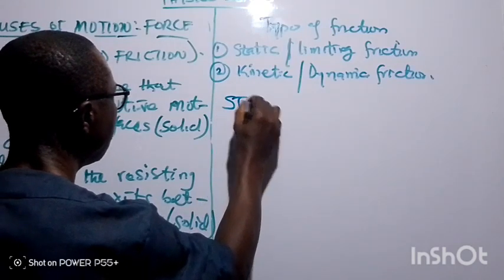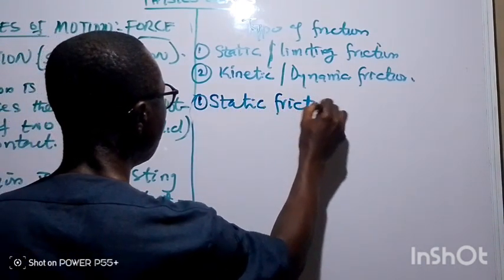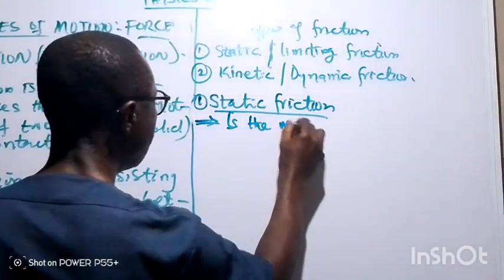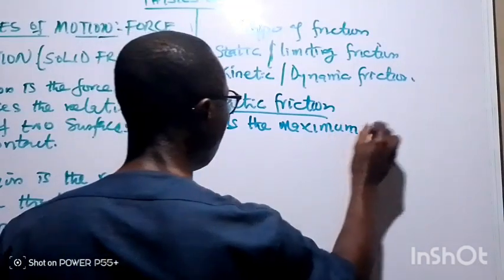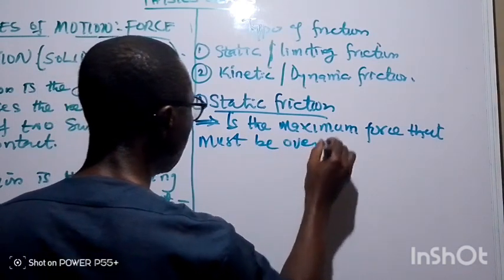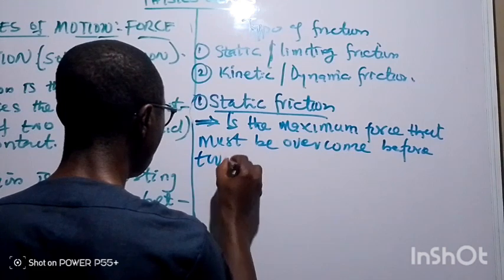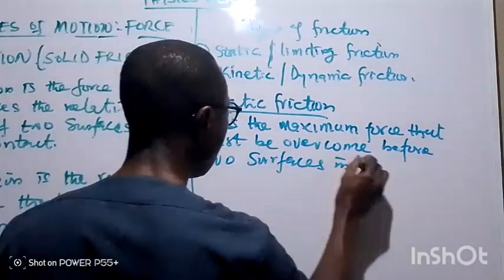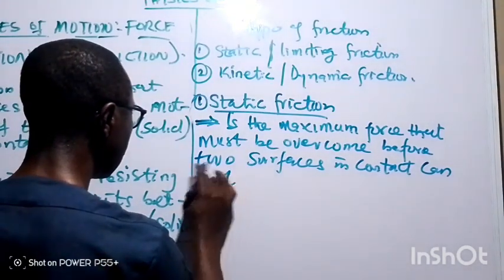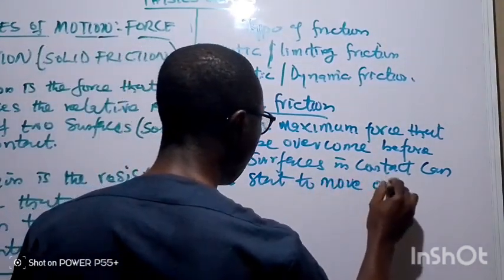The first one, static friction. Static friction is the maximum force that must be overcome before two surfaces in contact can just start to move over one another.